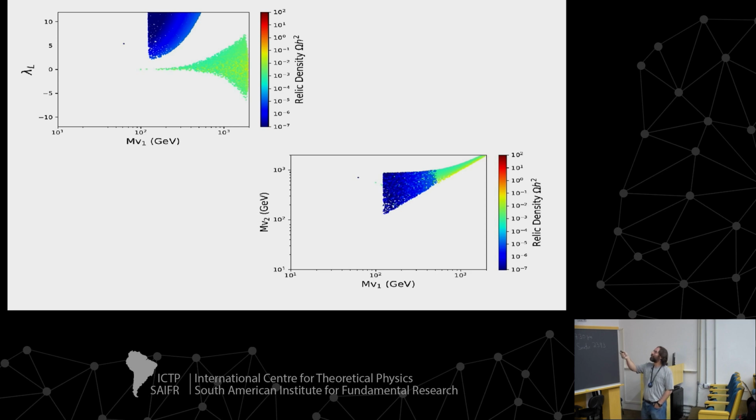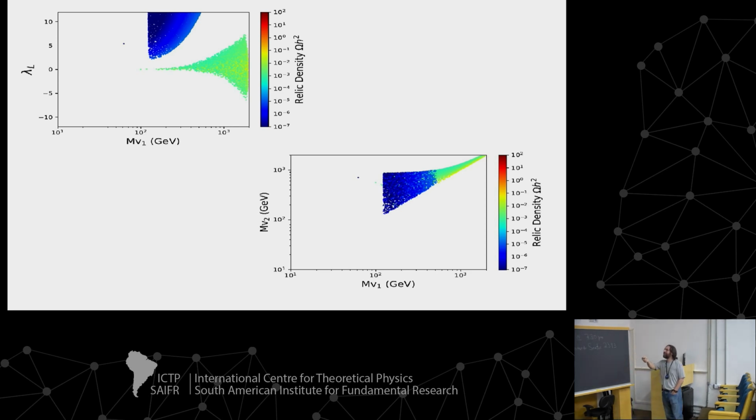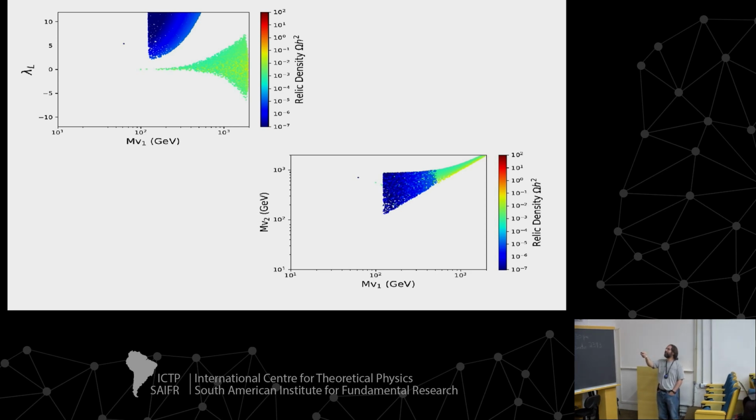And after imposing all the experimental constraints, we find that the model survives. We have a non-zero parameter space surviving, and we can saturate the relic density when the two neutral components of the vector field are quasi-degenerate.